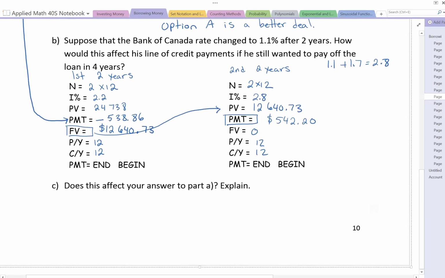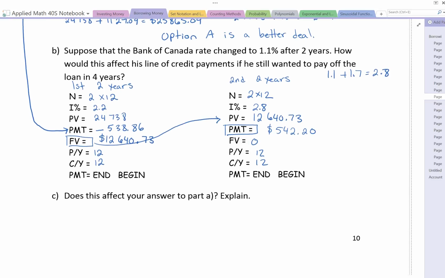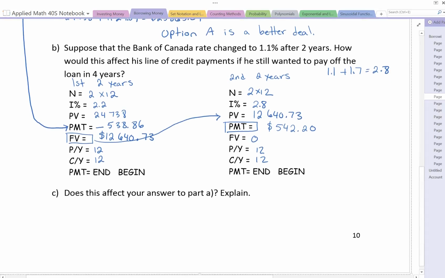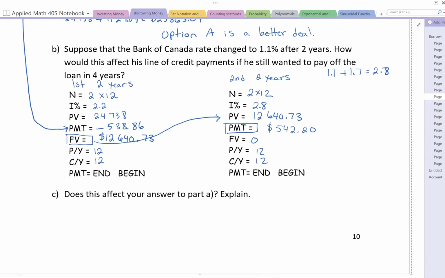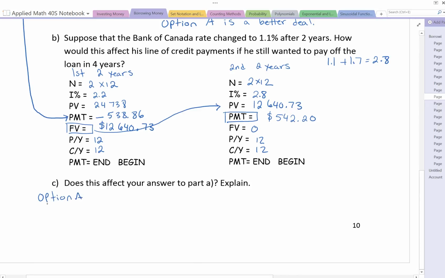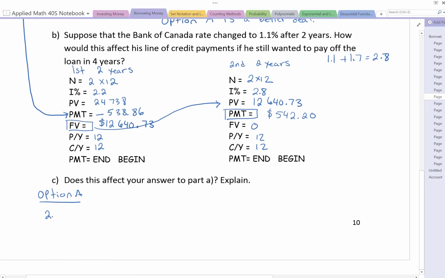Now, does this affect your answer to part A? Well, do you still think option A is better if prime changes partway through? Well, for option A, what have we paid? For 2 years at 12 payments per year, we've paid a monthly payment of $538.86.